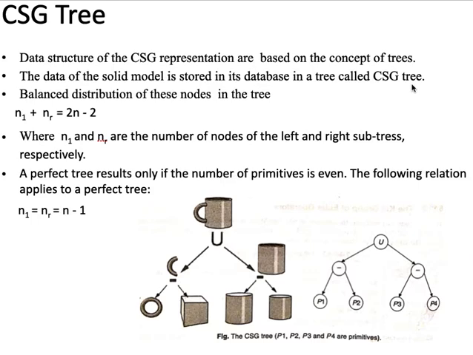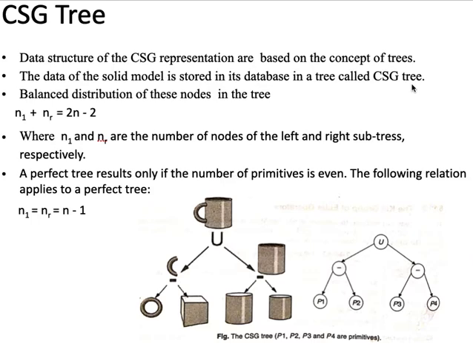A CSG tree is defined as an inverted ordered binary tree whose leaf nodes are primitives, or solids, and whose interior nodes are regularized set operations. Inverted means that the tree is upside down, its root is on the top.